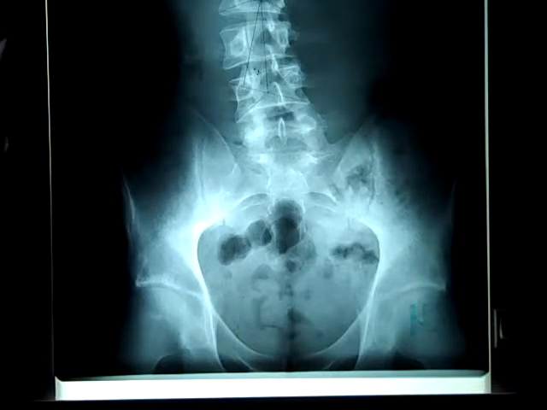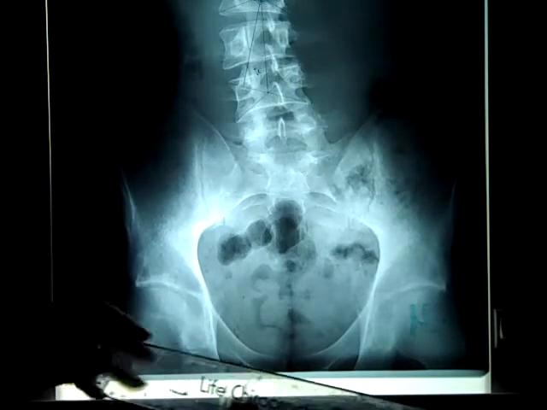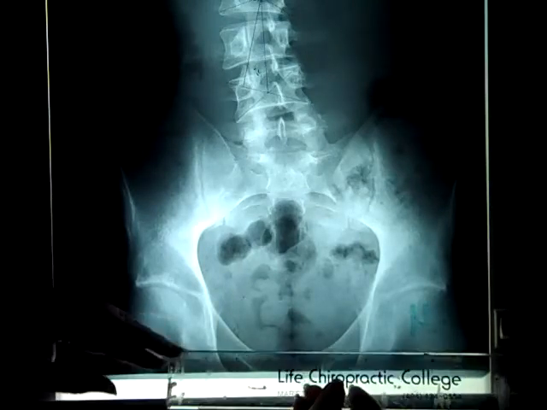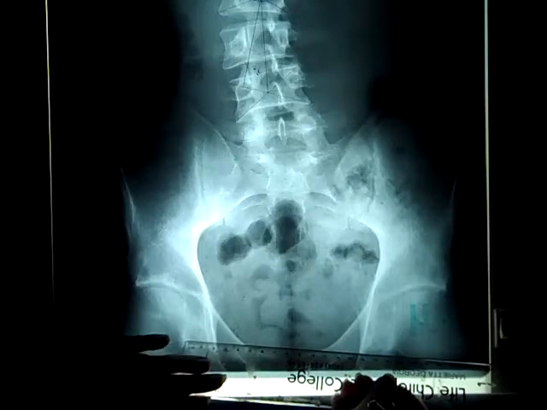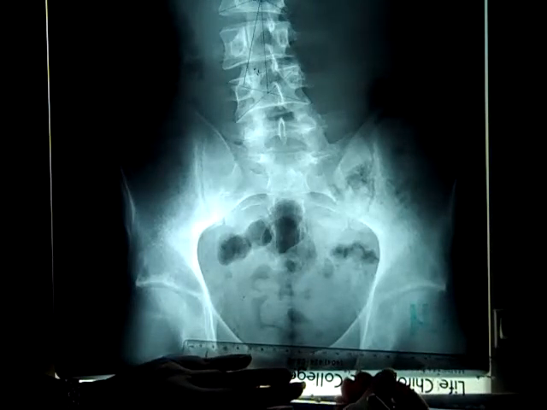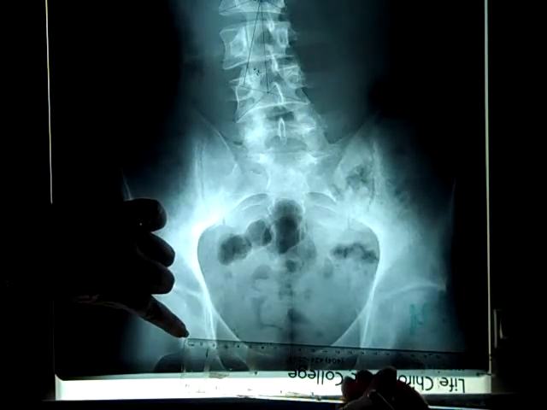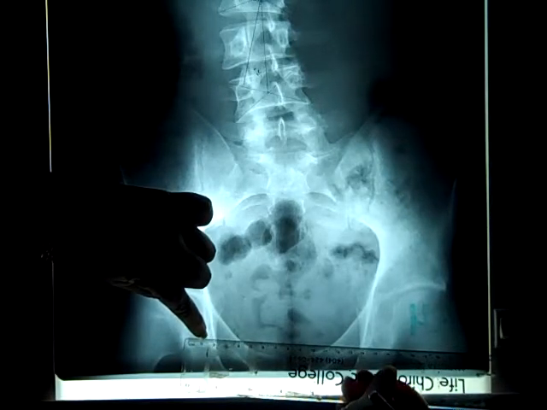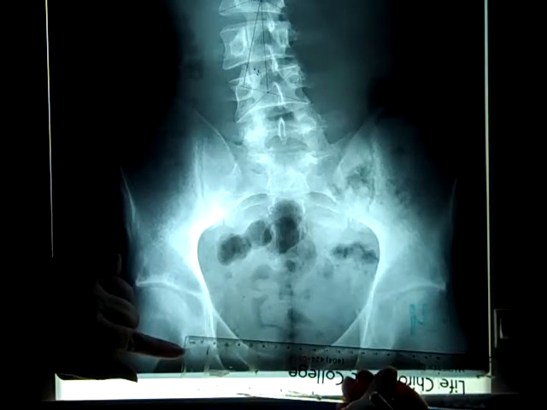So I will simply use my ruler, and it'd probably be better if I use millimeters, and I want to stay parallel to the bottom of the film, and I measure from inferior medial aspect of femur head straight across to inferior lateral aspect of Kohler's teardrop.